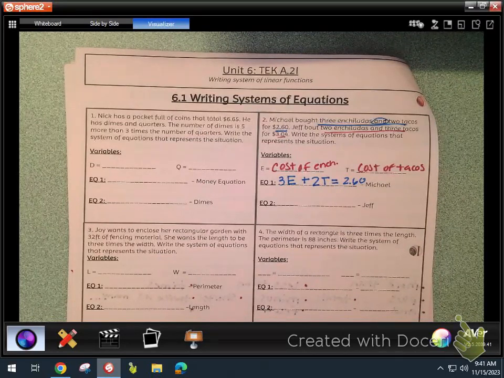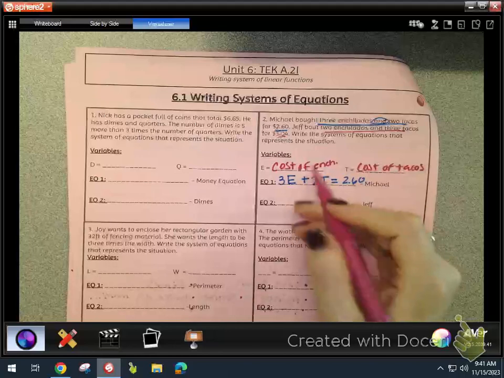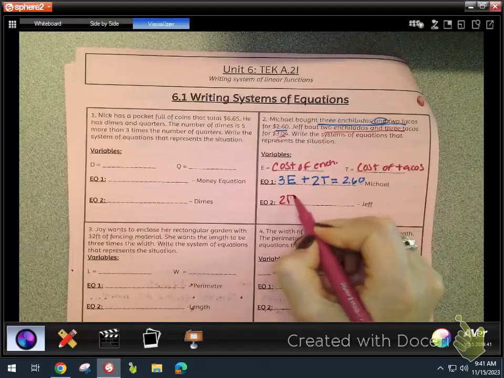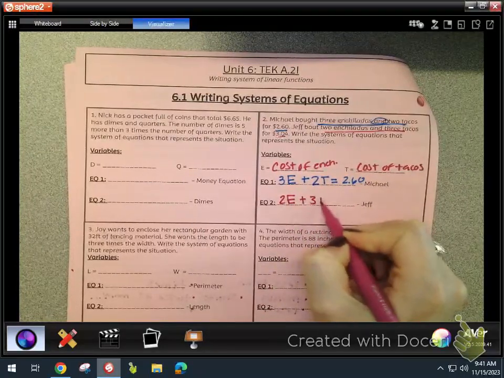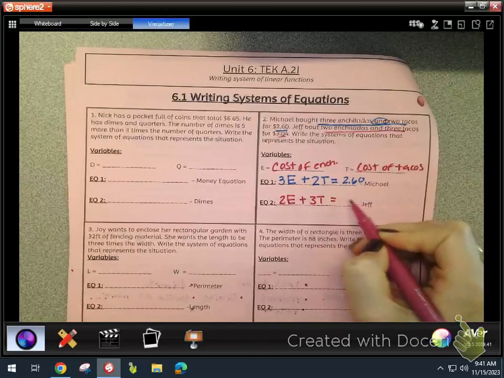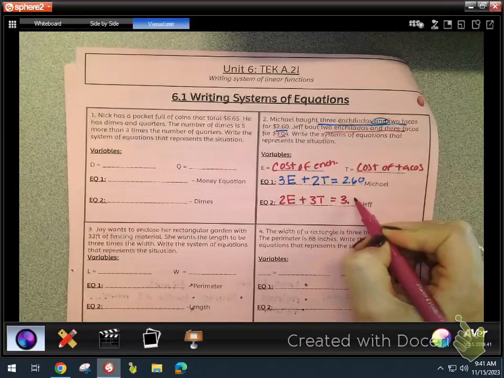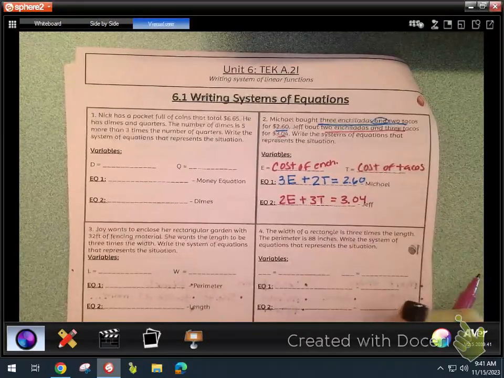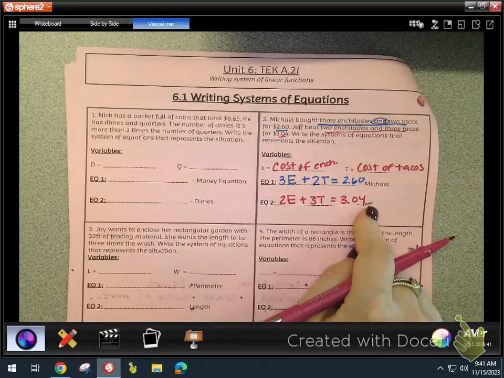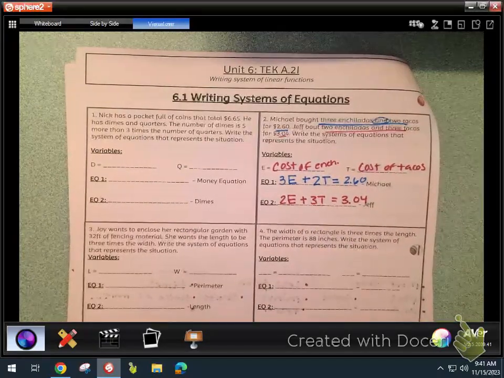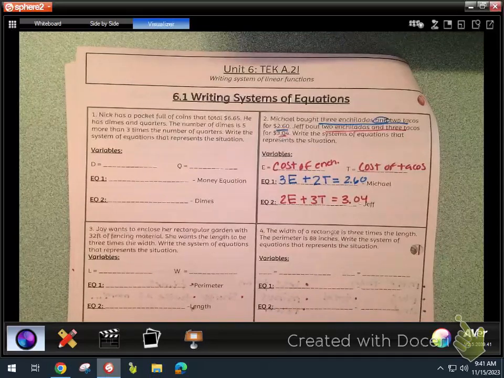Okay, I think it's a little bit easier because it's just straightforward. So what is Jeff's equation? Nick, you got it? 2E plus 3T equals $3.04. So that's Jeff's money. We're done with that. We're not solving it, not yet. Okay?